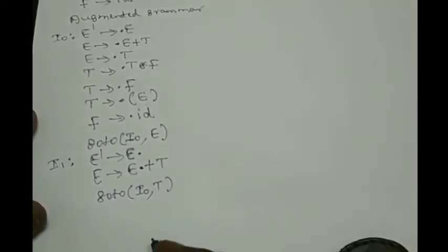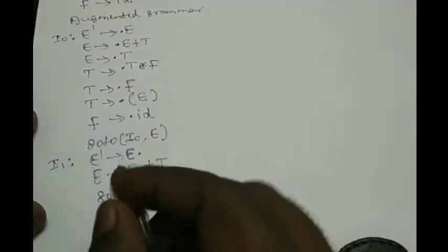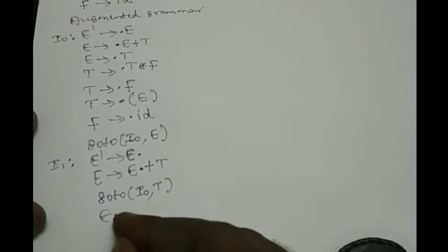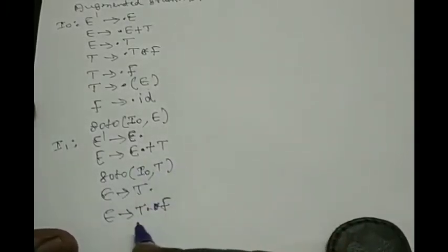Now as usual, just place this dot one step after this T. So what will become E tends to T dot, then E tends to T dot star F here. Now this is a new item set, so I name this item set as item set 2.